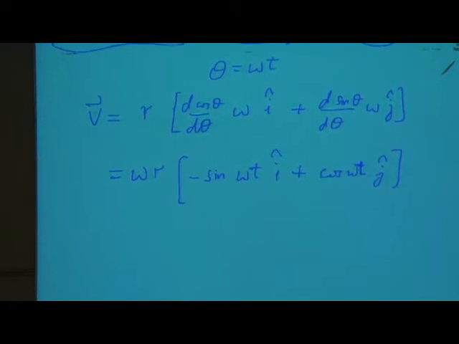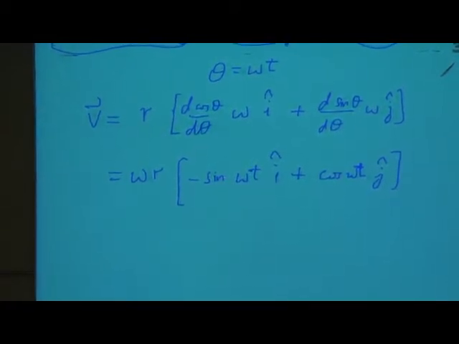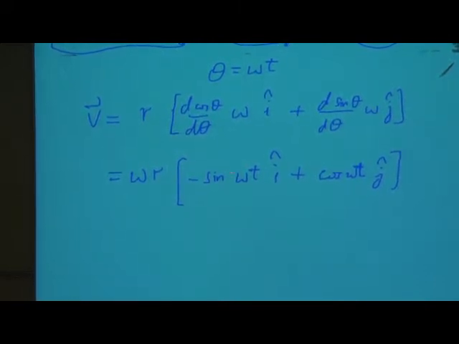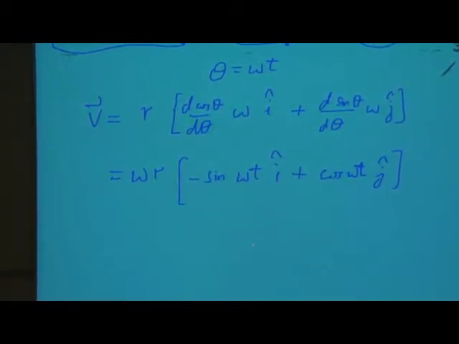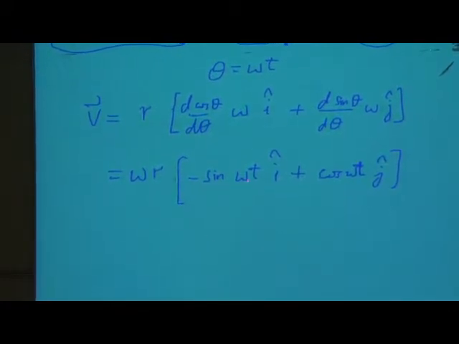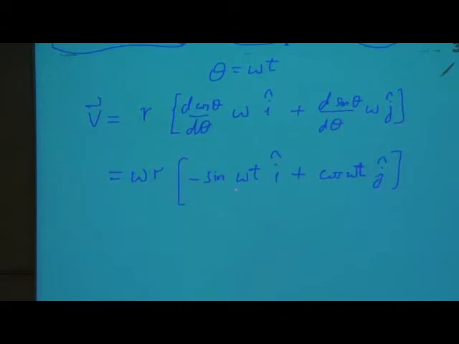And here I just put in omega t because I wrote sine theta before, but in my example, theta is just omega t. So I better write everything in terms of time, and I put sine omega t here. Is this clear? I'm just putting things together from the last lecture.